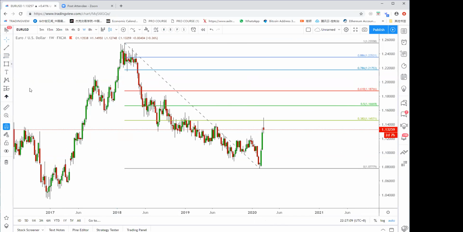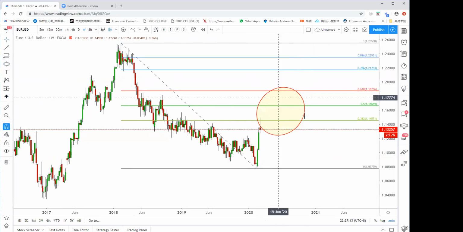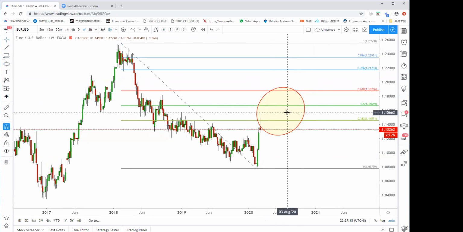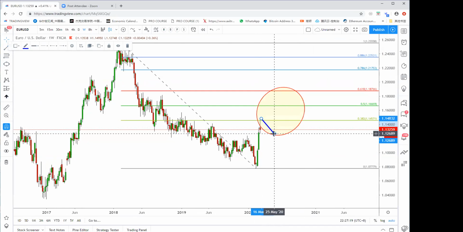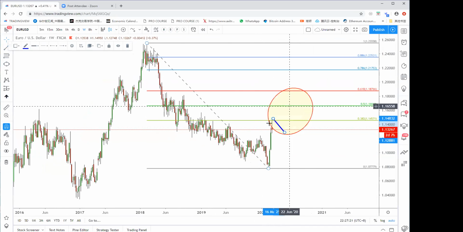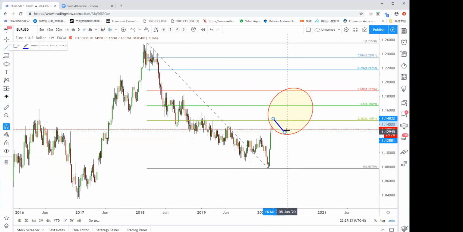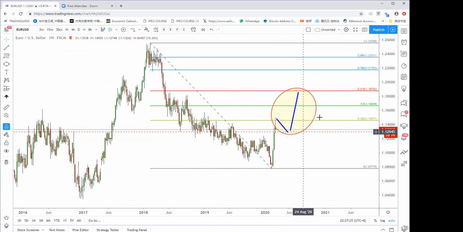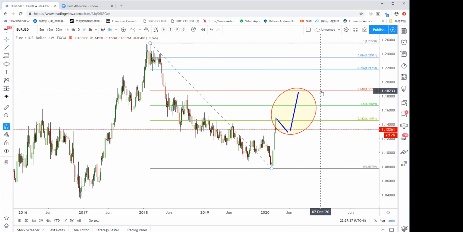So this could be my target, this could be potential gain, our profit zone here. So you want to buy and see whether it can go up. All right, the euro, I'm bullish to 1.18.